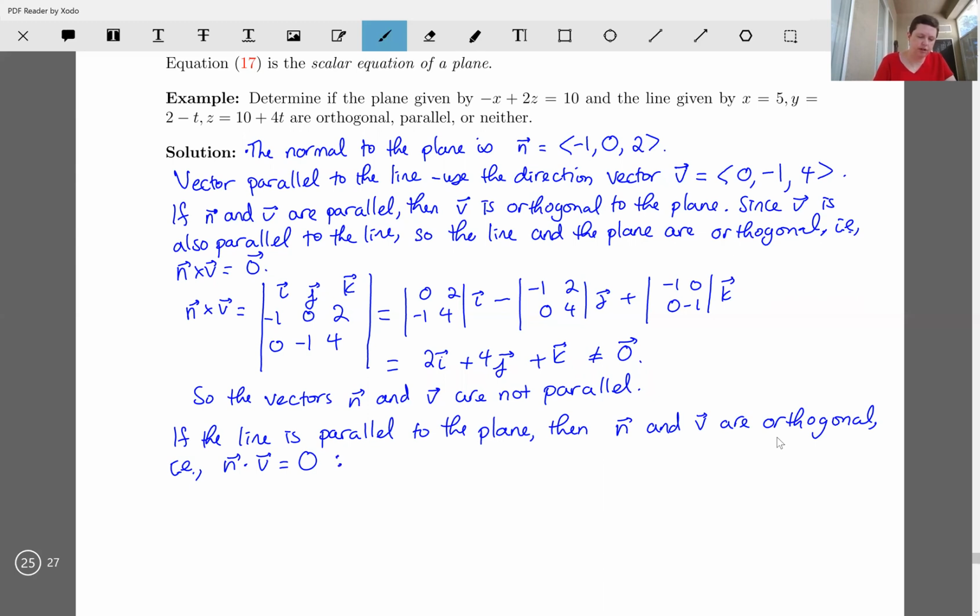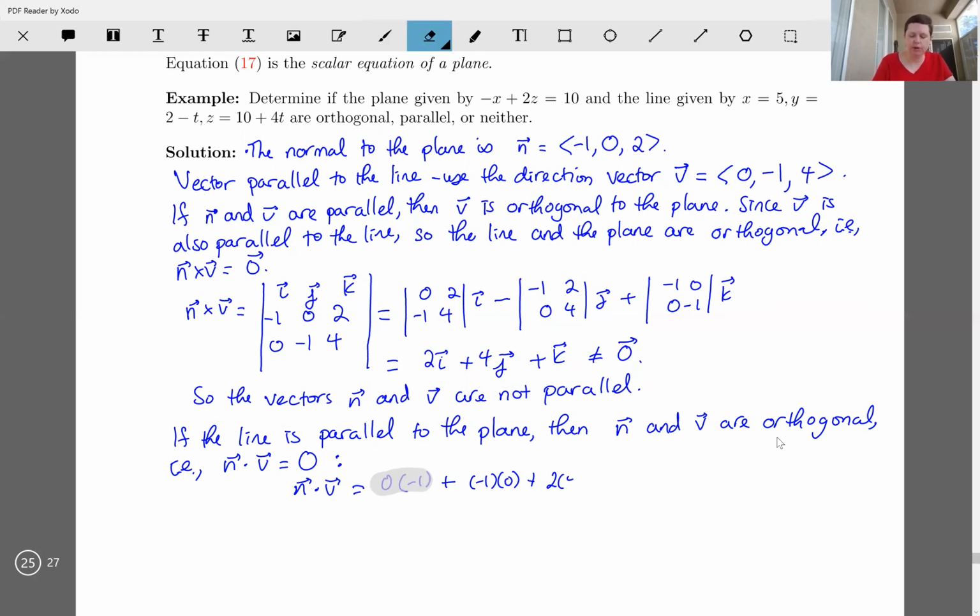So let's check the dot product. It gives 0 times -1, plus -1 times 0, plus 2 times 4, n dot v.